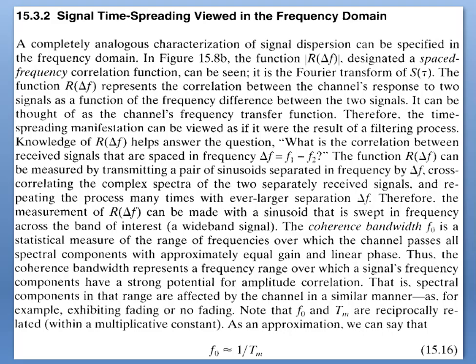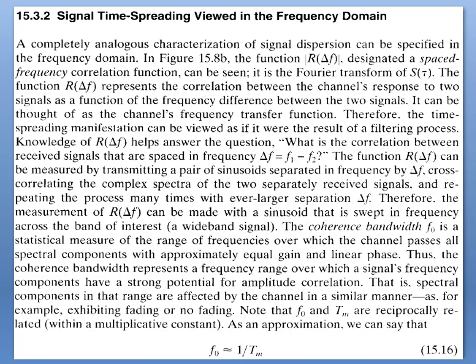In signal time spreading in the frequency domain, the maximum excess delay Tm is not necessarily the best indicator of how well any given system will perform when the signal propagates in a channel, because different channels with the same value of Tm can exhibit very different signal intensity profiles over the delay span.